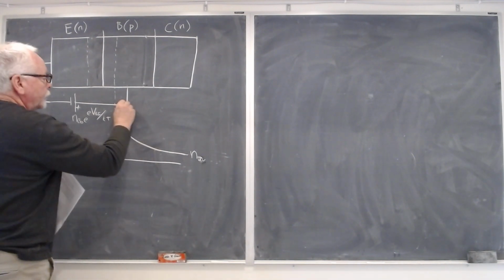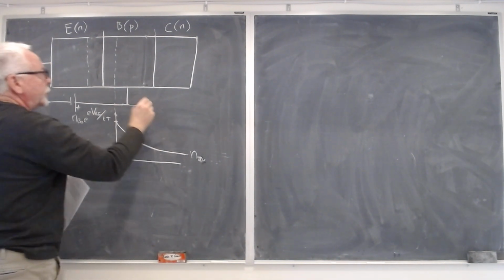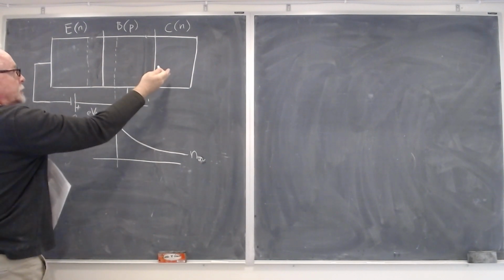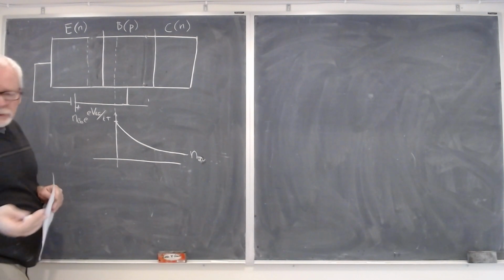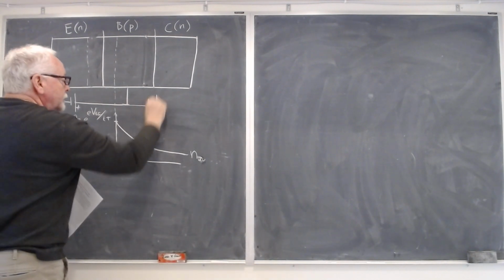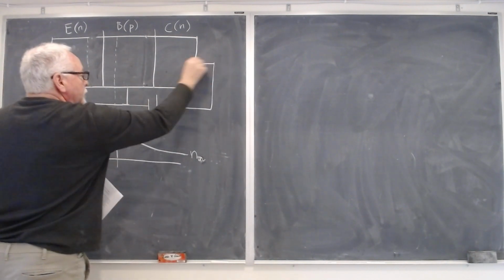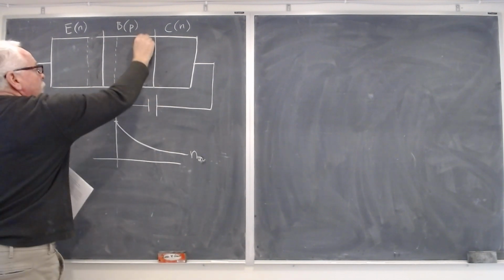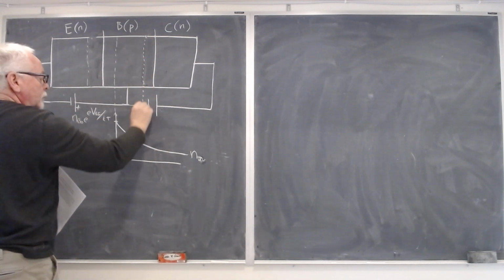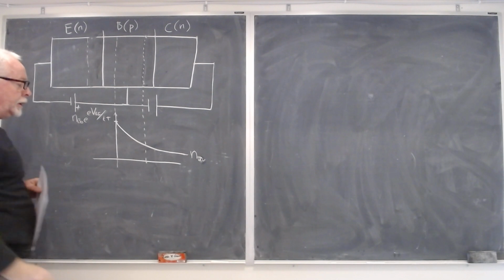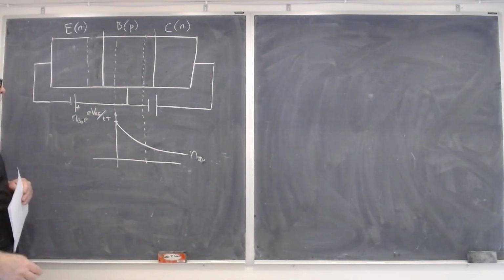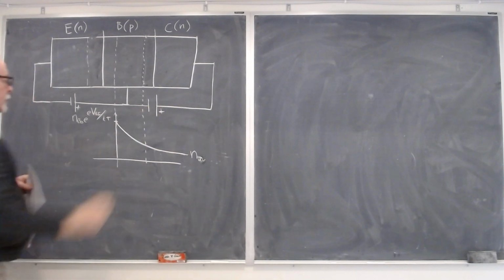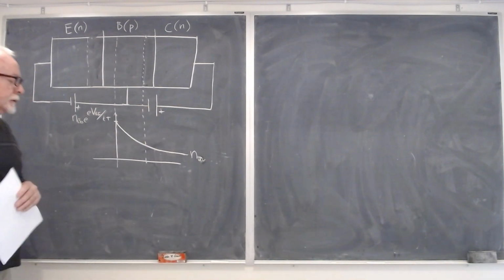Now, we're going to reverse bias the base collector junction, and that means putting a positive voltage on the n side to reverse bias. You've been taught this a couple of ways.